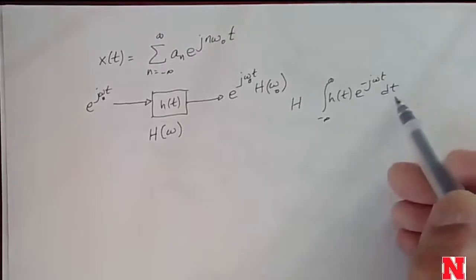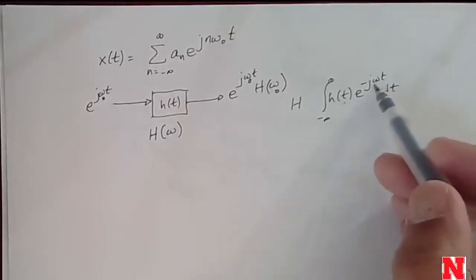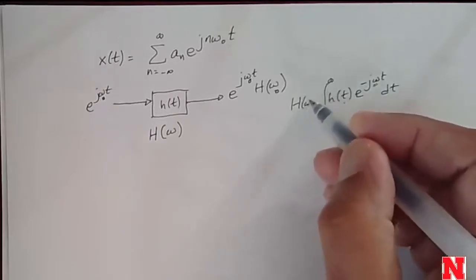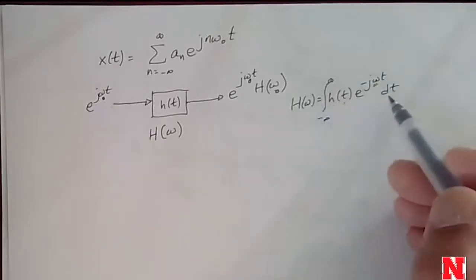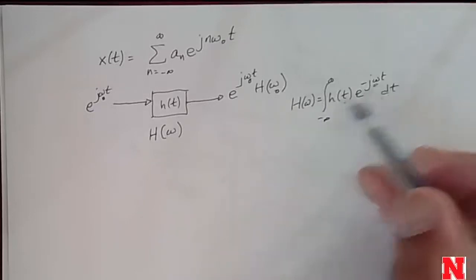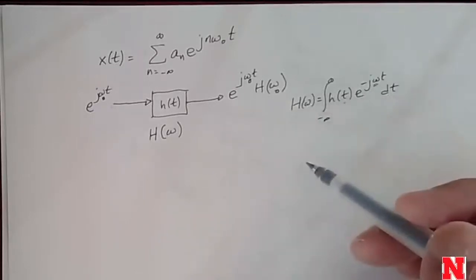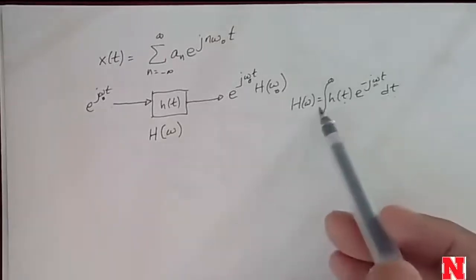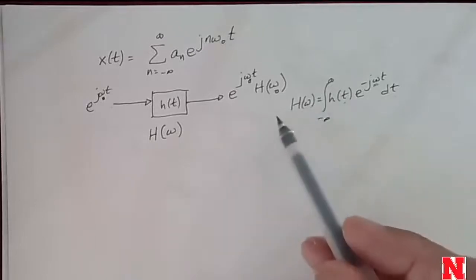So we integrated out t, and the only variable left is omega, which is what I prefer to do. But sometimes you will also see people saying, well, we integrated out t, so we're left with j omega, so this should be h of j omega. So I'm going to mostly write it like this, but if I slip and I write h of j omega, you know what I mean.